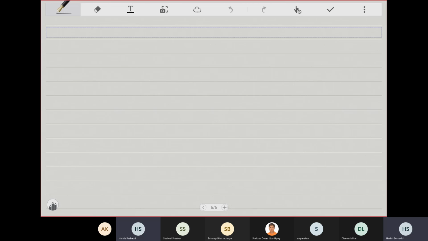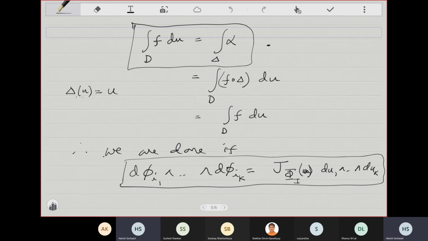So let's try to prove this part. Keep in mind that this, after all, is by definition the determinant of phi I prime.